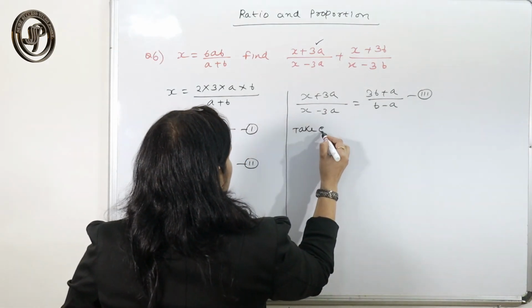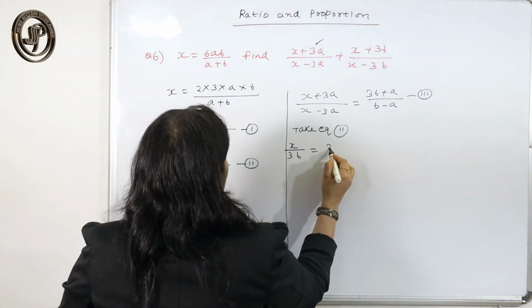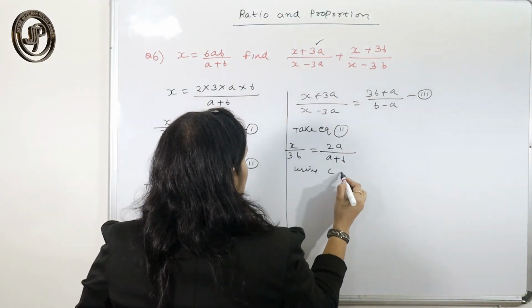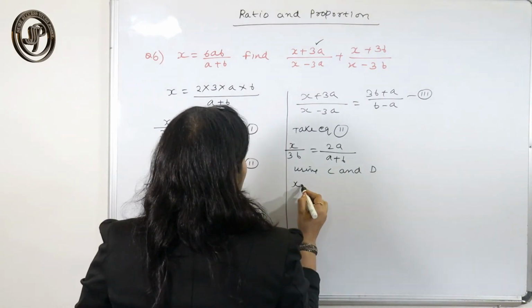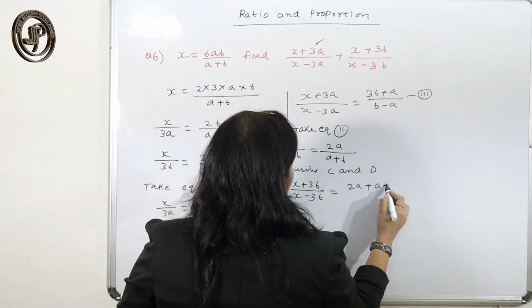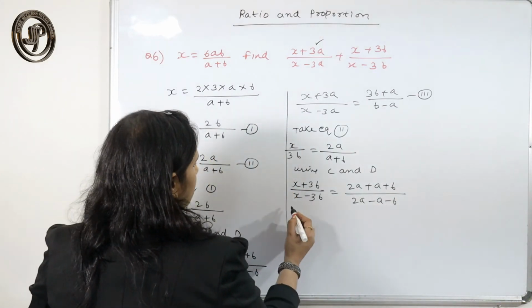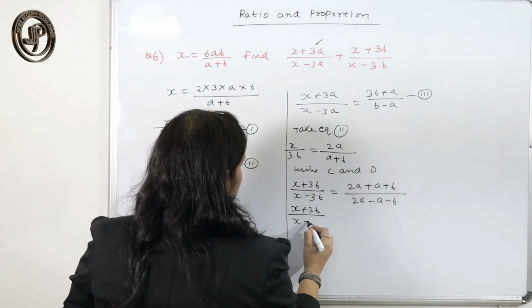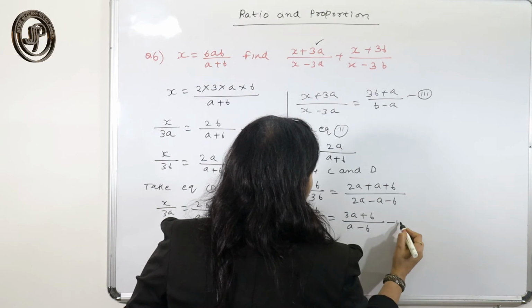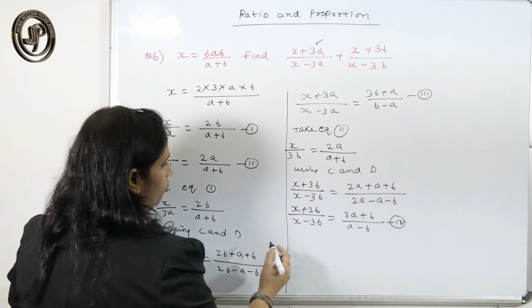Now take equation 2, x upon 3b is 2a upon a plus b, using componendo and dividendo. So x plus 3b, x minus 3b, 2a plus a plus b, 2a minus b. I am just adding or subtracting the like terms. So this you can consider equation 4.